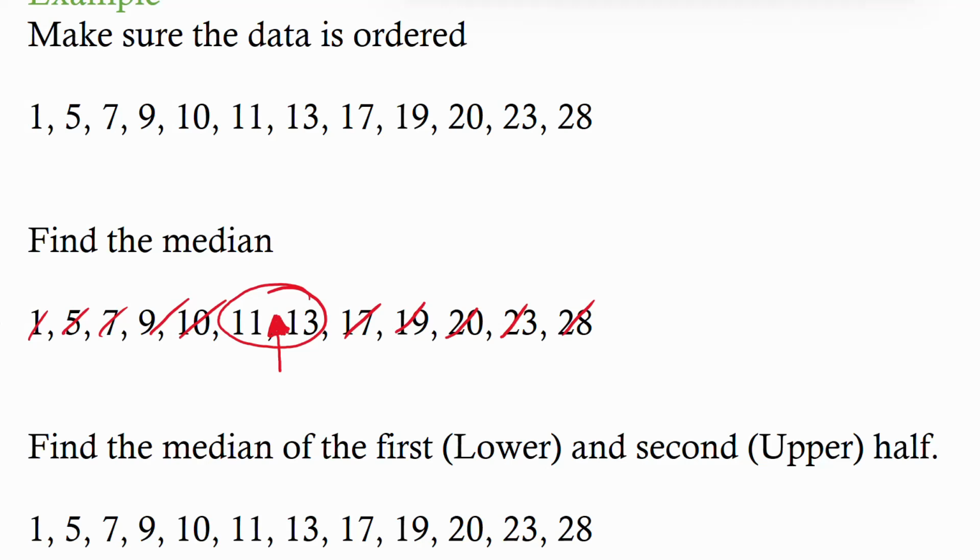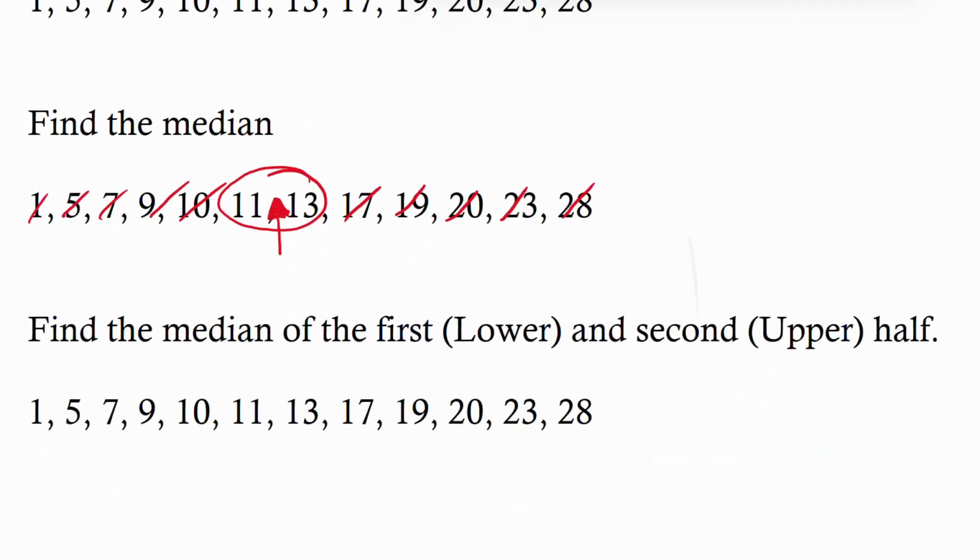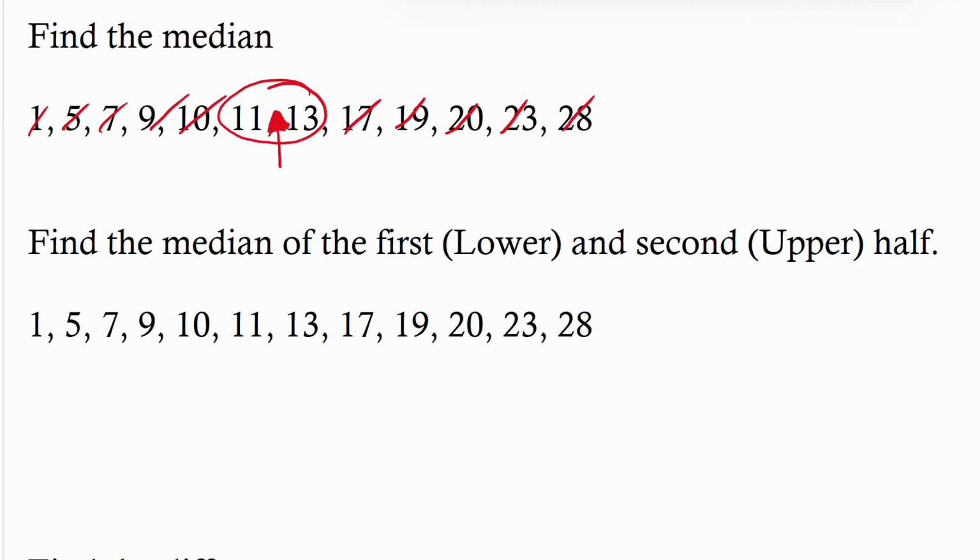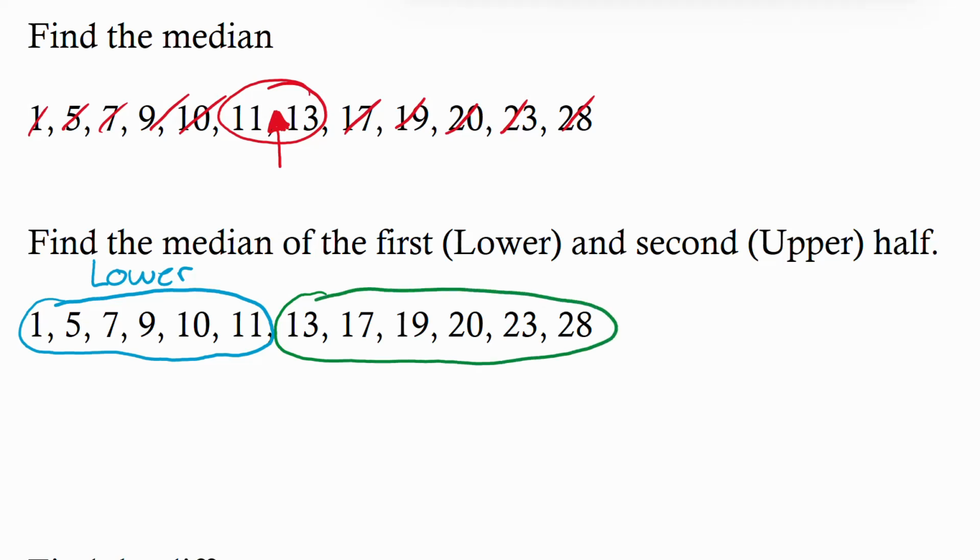Okay. So knowing that, I can cut my data set into 2 sections. I can cut it into this section here, and this is my lower half, and then I can cut this section here to get my upper half. Now, with each of these, I want to find the median for the lower, which will get me the lower quartile, and I want to find the median for the upper, which will get me the upper quartile.